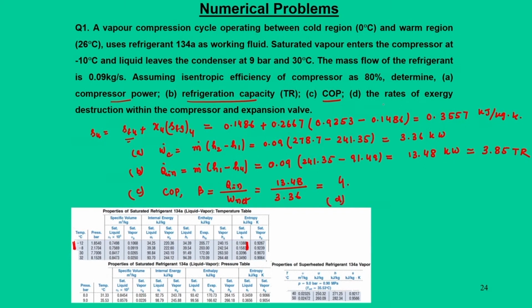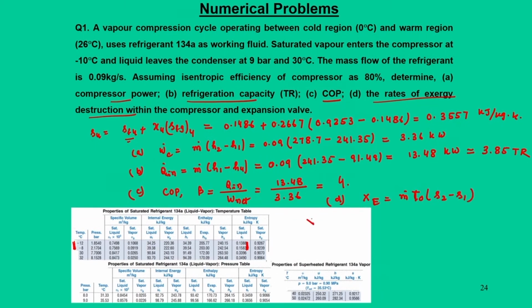Last one is rate of exergy destruction. The rate of exergy destruction has two parts. One is that means exergy X C is equal to nothing but m dot T 0 into S 2 minus S 1, if you recall this formula.